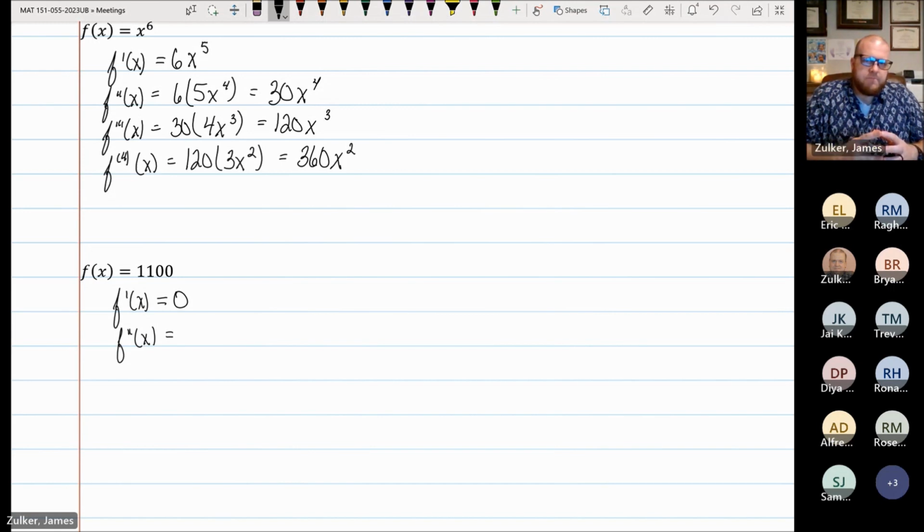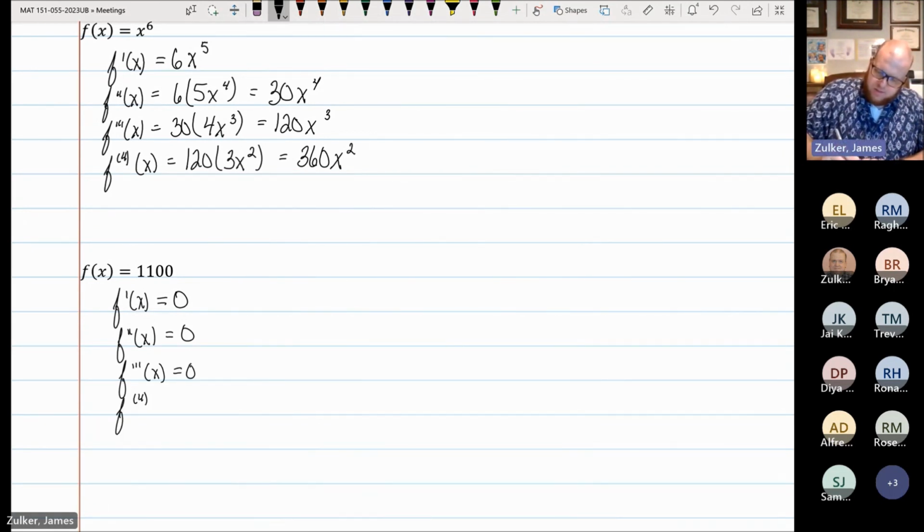Well, isn't 0 a constant? So once you hit 0, every subsequent derivative after that will also be 0. So all four derivatives in this case happen to be 0 because the original function was a constant.